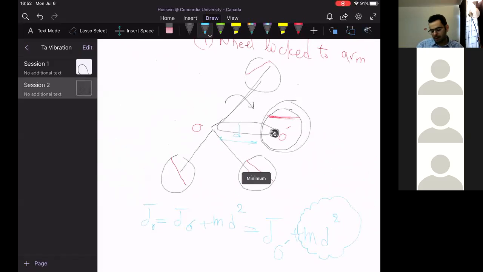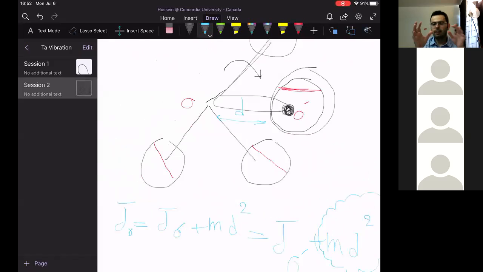You have to understand that since the total assembly of wheels and tire is locked to the arm, you have to calculate the inertia. If you take a look at here, you will see that the red line in the wheel assembly also rotates.